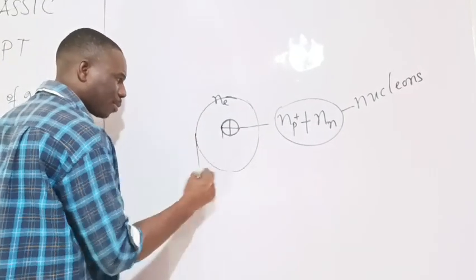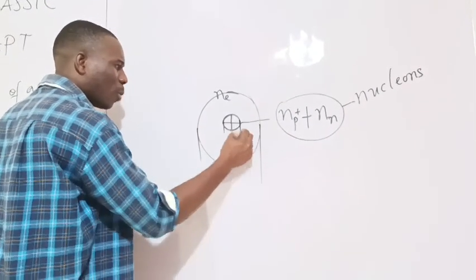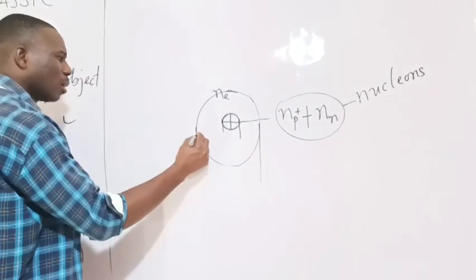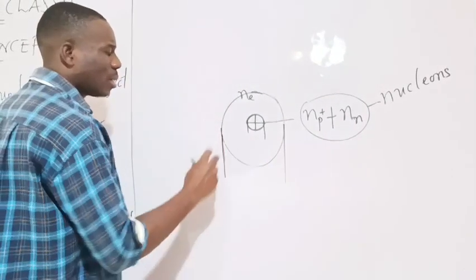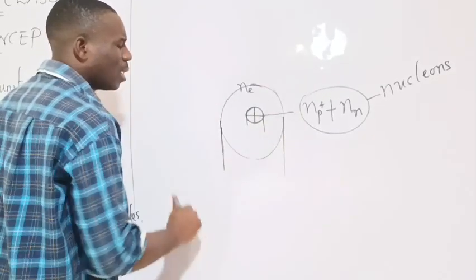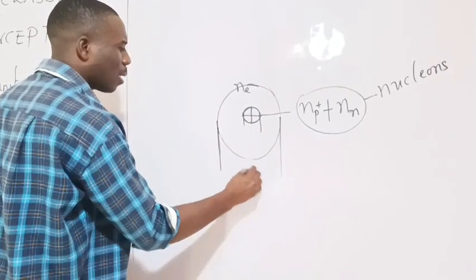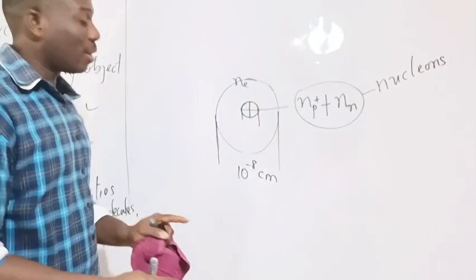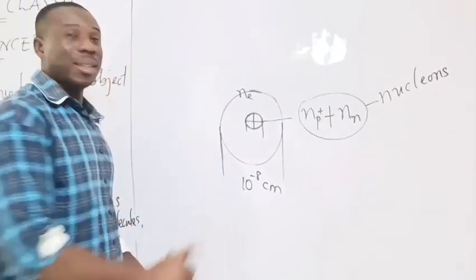Now, the typical size of the atom, and I want to compare the size of the atom to the nucleus itself. The size of the atom, this void you see, is exactly 10 raised to the power minus 8 centimeter. But the nucleus is 100,000 times smaller than the size of the atom.